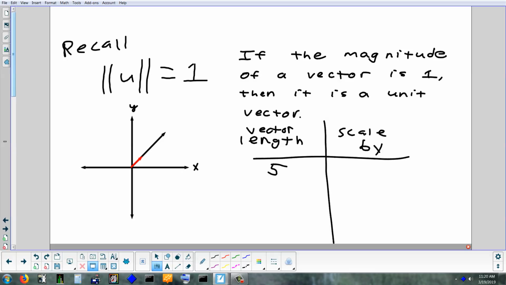Yeah, 1/5. So if you found the length and said, okay, it's 5 units long, and you did a scalar product by 1/5, you would turn it into a unit vector. What if the length was 8? What would you scale it by now to make it a unit vector? Yeah, 1/8.